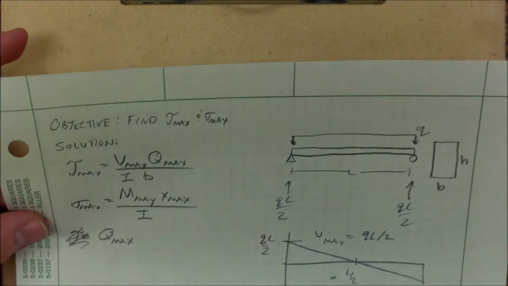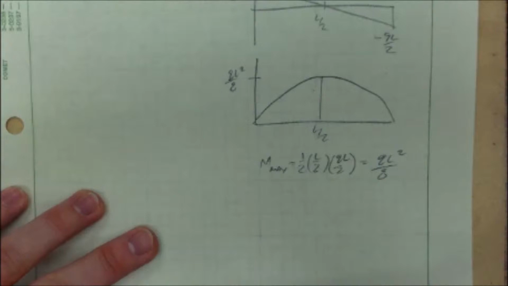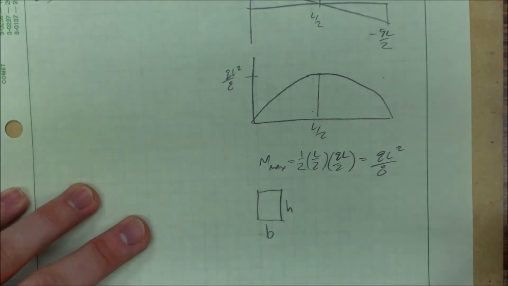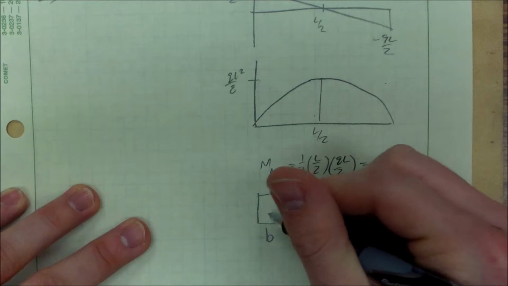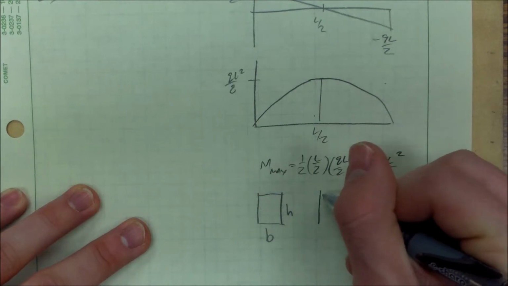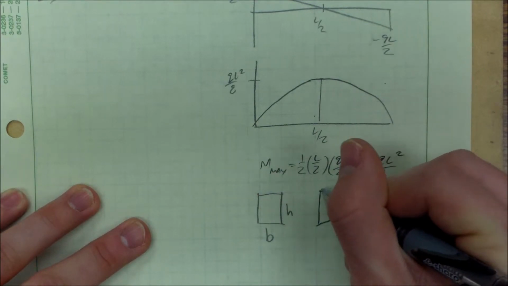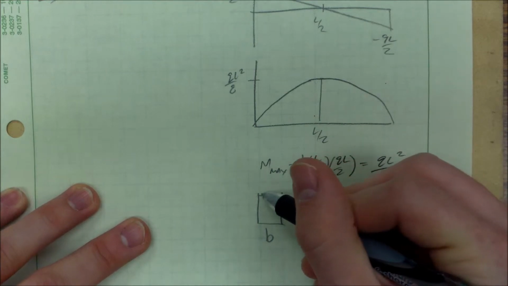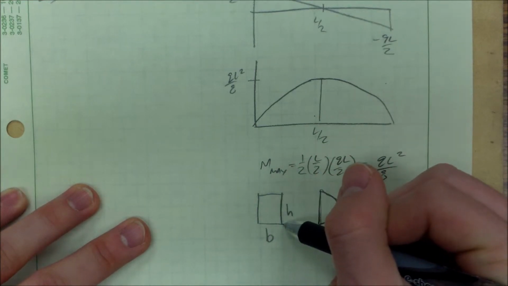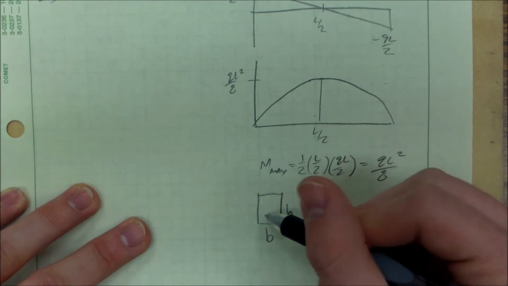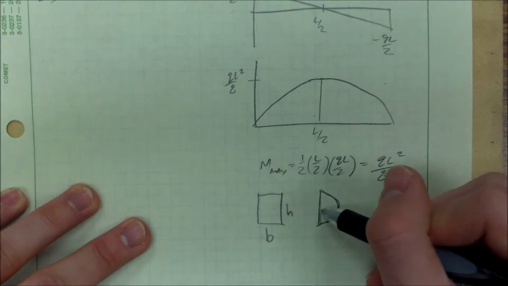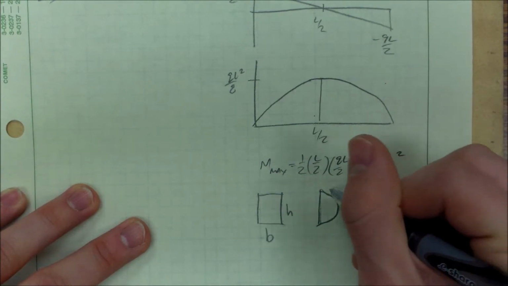So keep in mind, I'll draw it over here. This is our cross-sectional area. For rectangles, our Q looks something like this. It makes sense that shear would be 0 at the top and the bottom because shear is an internal thing, and the most internal point happens to be right where the max Q is going to be.